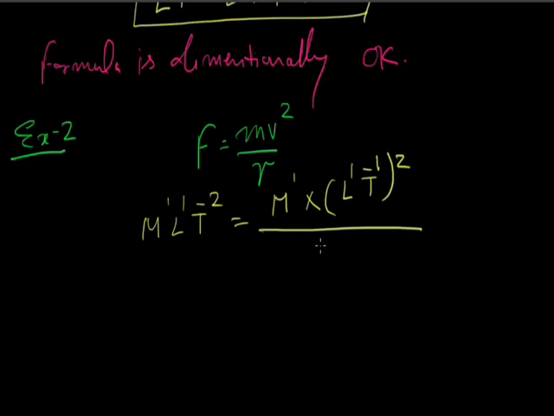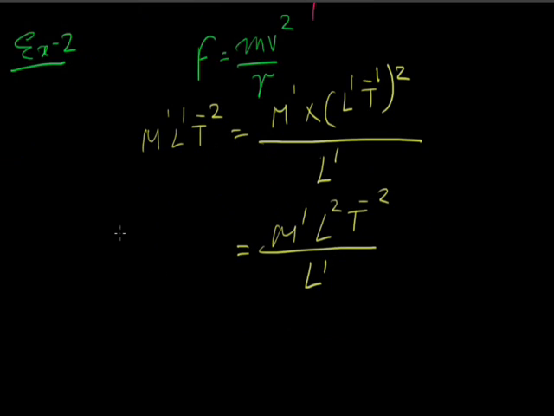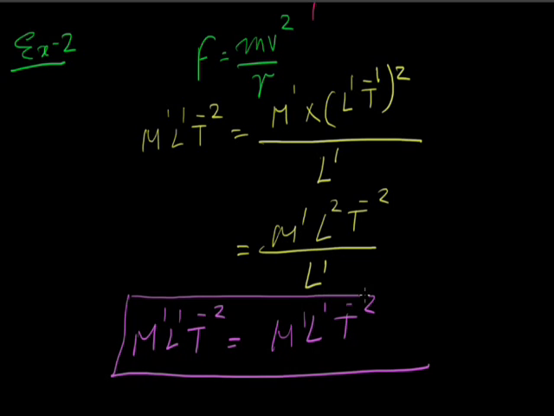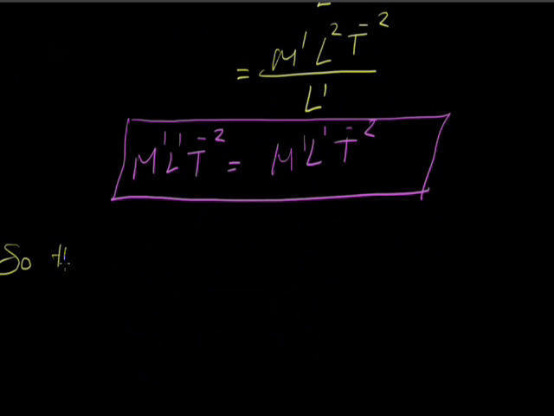Dimension of r is radius, so its dimension is L1. So it will be m1 L2 T minus 2 divided by L1. So m1 L1 T minus 2 is equal to m1 L1 T minus 2. So the given formula is dimensionally correct.